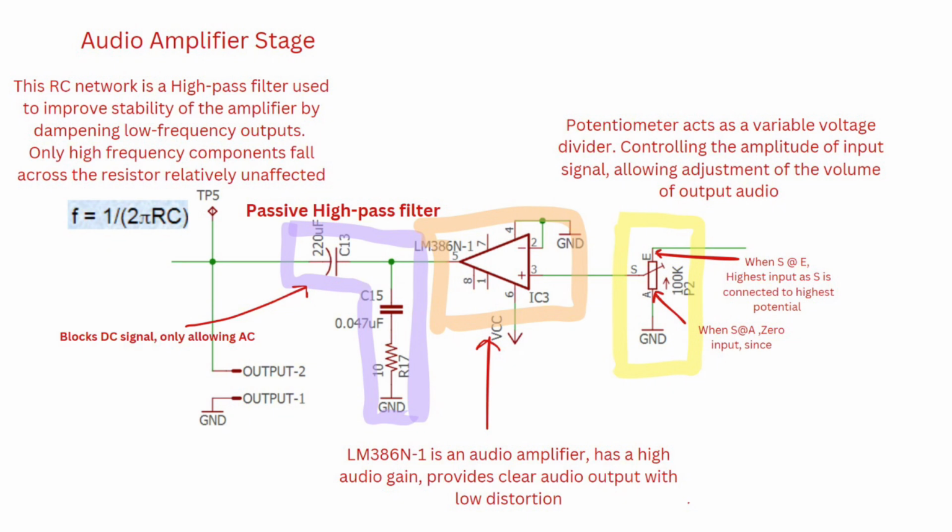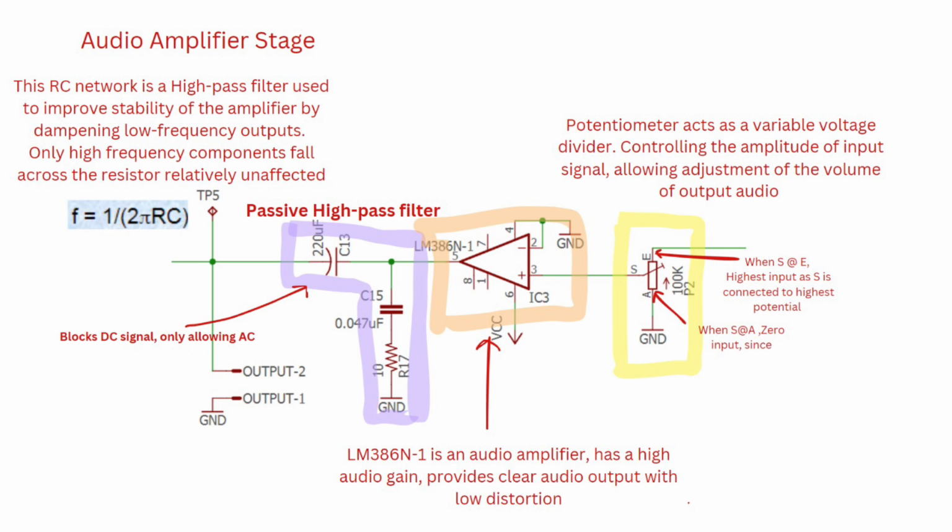And then the IC LM386N1 is an audio amplifier, which has high audio gain and provides clear audio output with low distortion. Then once again, the C13 blocks DC signal, only allowing AC.